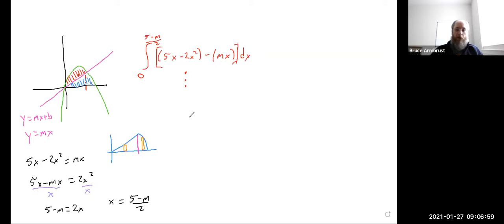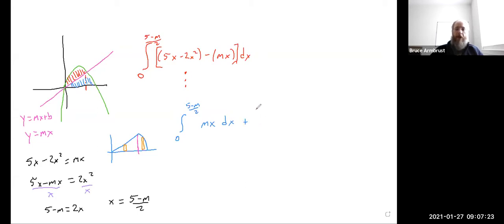So here's what we would actually have to do. For the blue, we're going to have to do this in two pieces. The first one is going to be from 0 to 5 minus m over 2 of mx dx. That's the one where we've got our line, and we're going to go out to 5 minus m over 2.